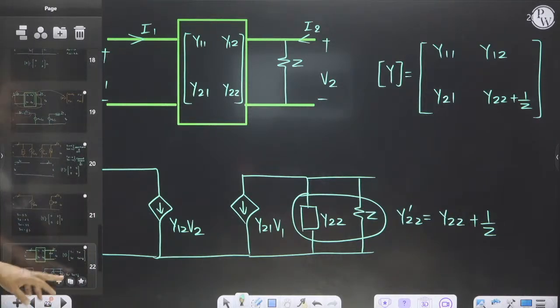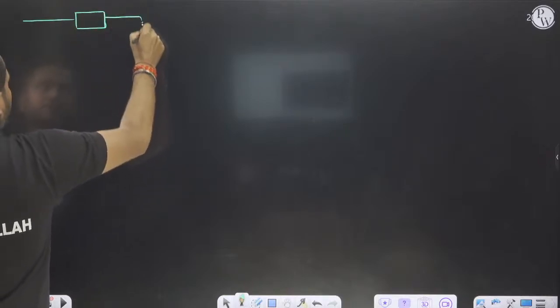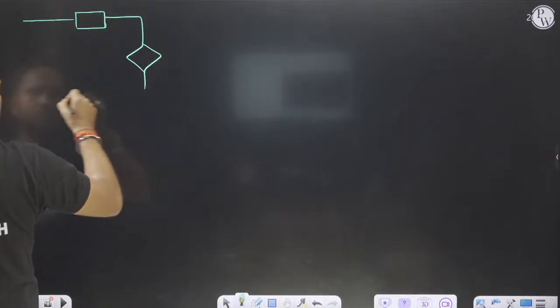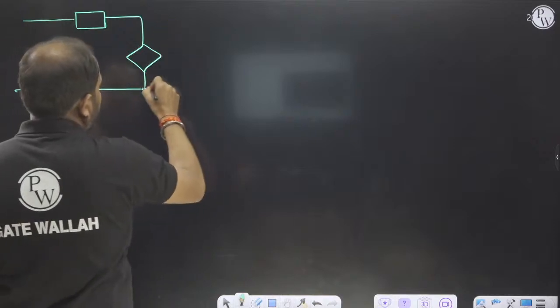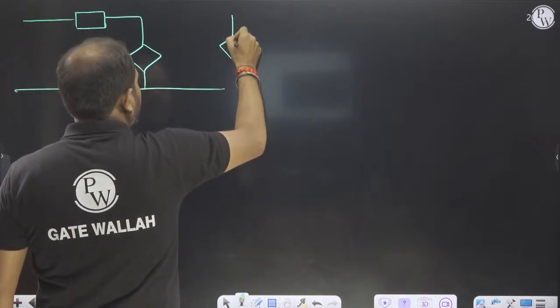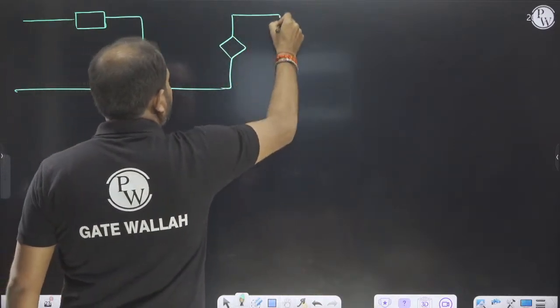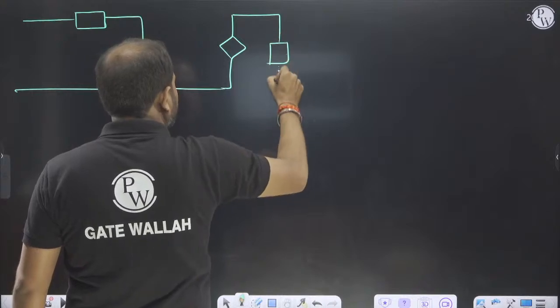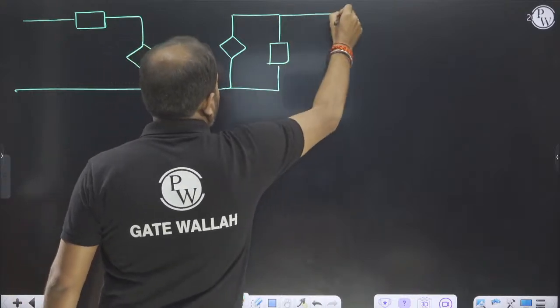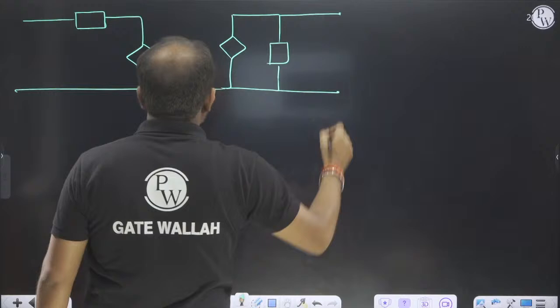Then we have the H parameter. Yes sir. The H parameter is something like this: series voltage source and parallel current source. So this network will be something like this.